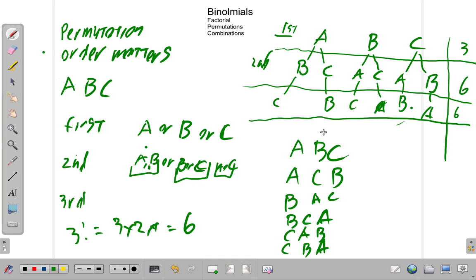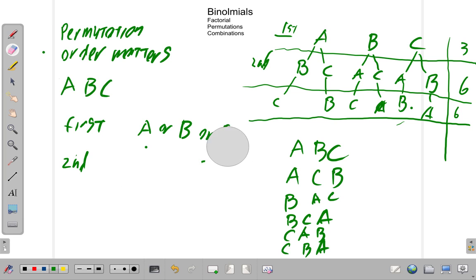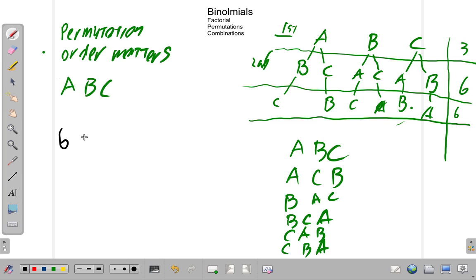Now, there are 6 permutations here. It means 6 arrangements in which the order matters. So, let me make a note of that. What we have are 6 permutations.